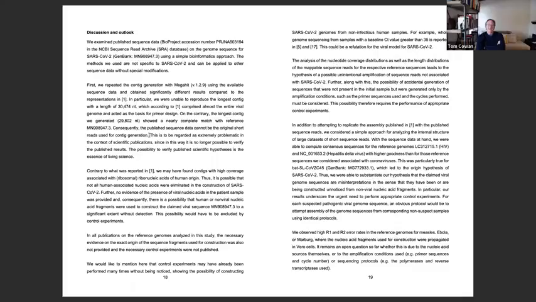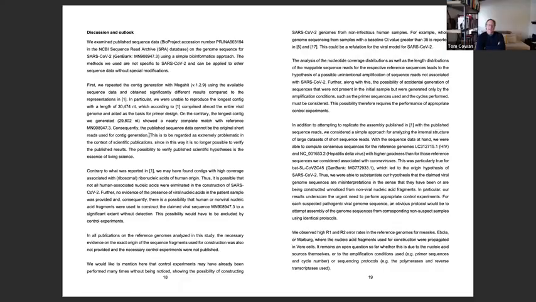The possibility to verify published scientific hypotheses is the essence of a living science. In other words, if you just use their little pieces, even their own software will not come up with the actual genome that they made, which begs the question, where did they get this from?